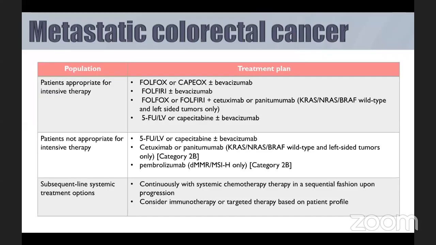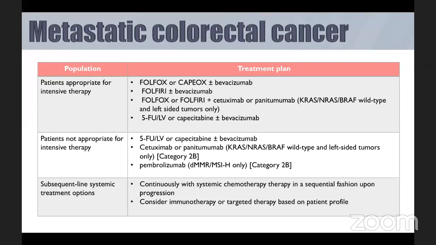So just to summarize the metastatic setting, for patients appropriate for intensive chemotherapy, we give multi-agent chemotherapy in combination with bevacizumab or EGFR inhibitors for those with KRAS, NRAS, or BRAF wild type. For patients who are not appropriate for intensive chemotherapy, we can offer single-agent chemotherapy in combination with bevacizumab, cetuximab, panitumumab, or immunotherapy.